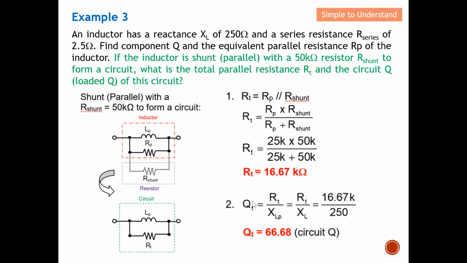This is the circuit Q: R, the total resistor, over XL. Remember I told you that if the Q is more than 10, I can assume they are the same. So from here, I can calculate that the circuit Q is equal to 66.68.